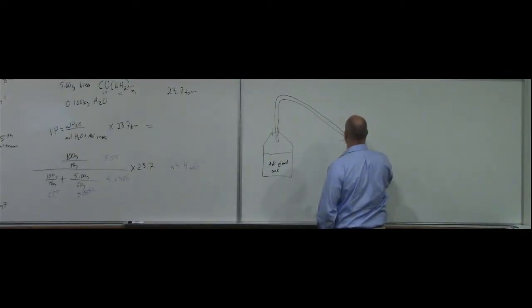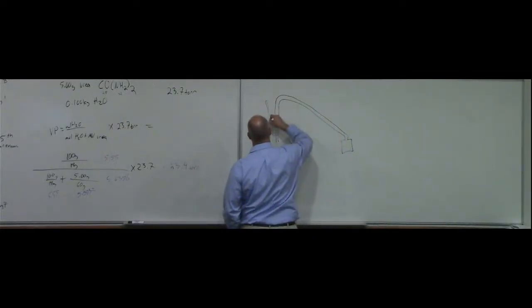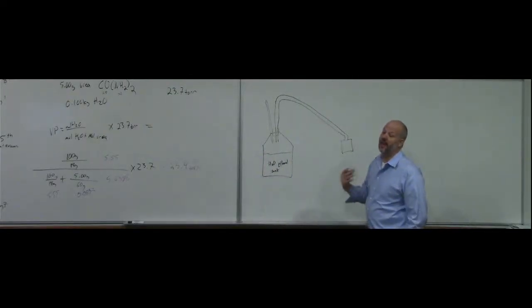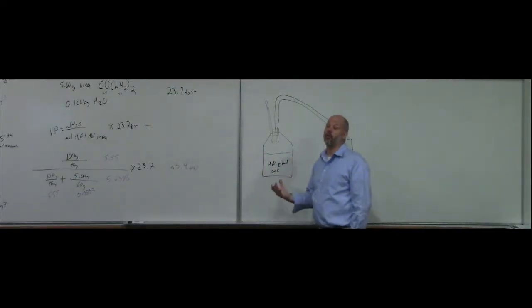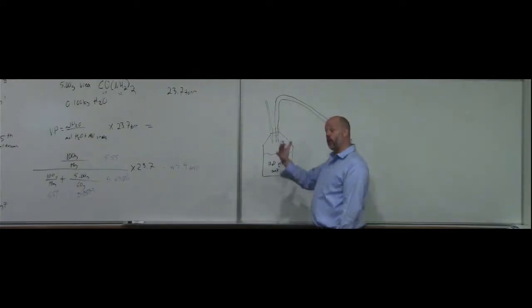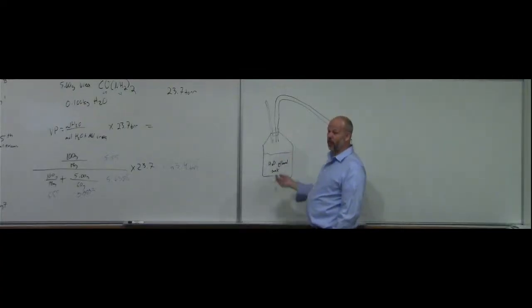Now I'm going to be able to collect it. Of course I want a thermometer in here also, because the boiling point of ethanol is going to be much lower than the boiling point of water. I know the boiling point of water is going to be when all the ethanol is gone, which it should be by the time I start getting water actually boiling.